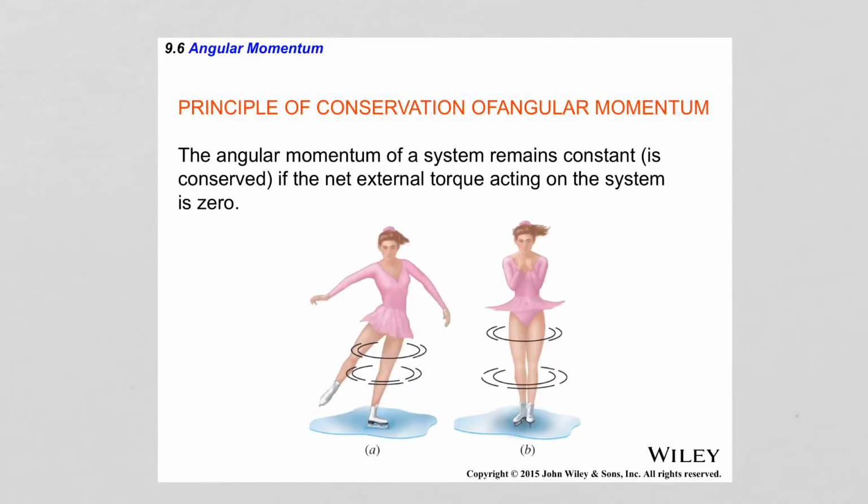And so if I were to write the expression for the angular momentum in each situation, here we have I1 omega 1, here we have I2 omega 2, and then the conservation of angular momentum requires that the two are equal to each other, and that's how we write it.